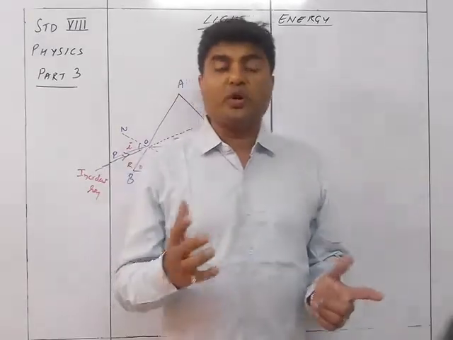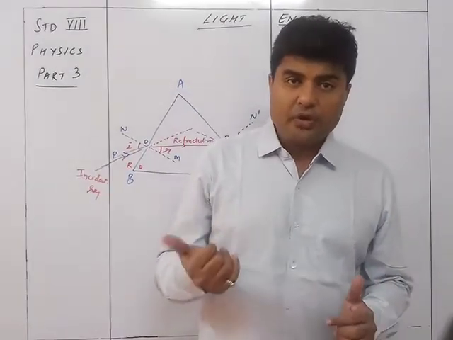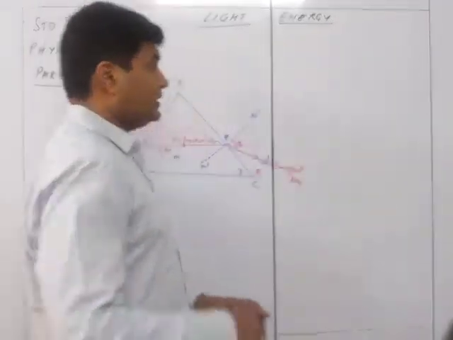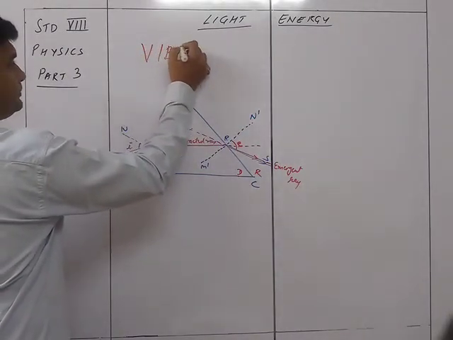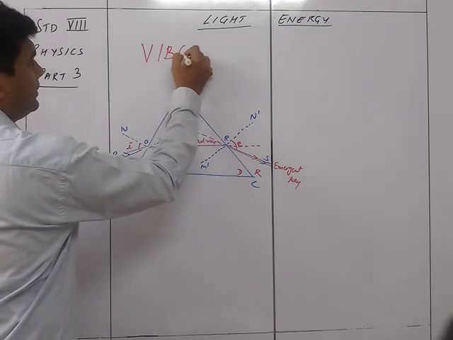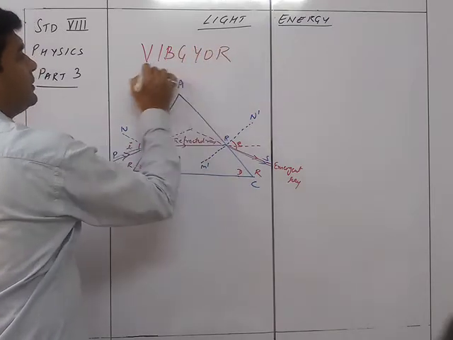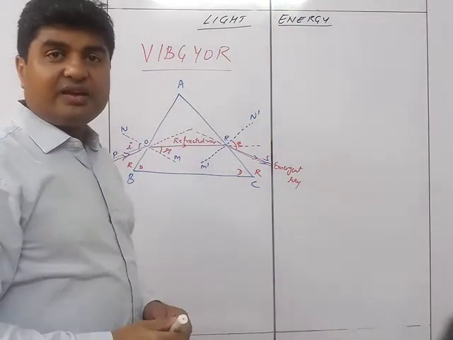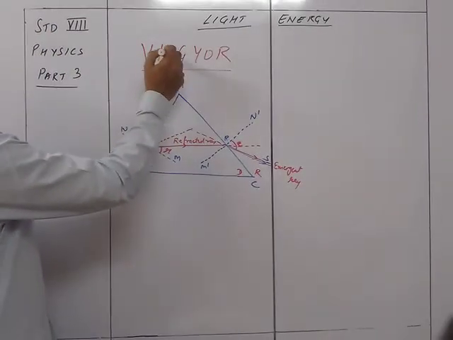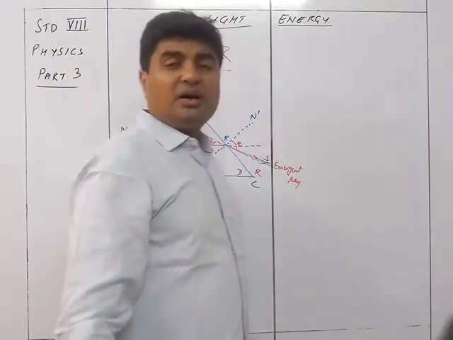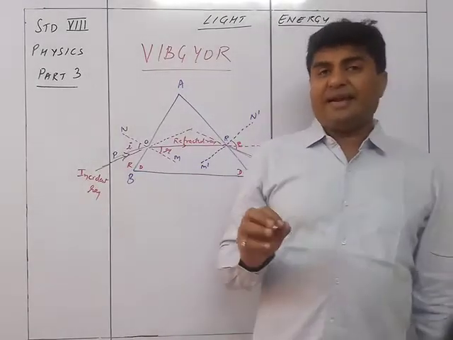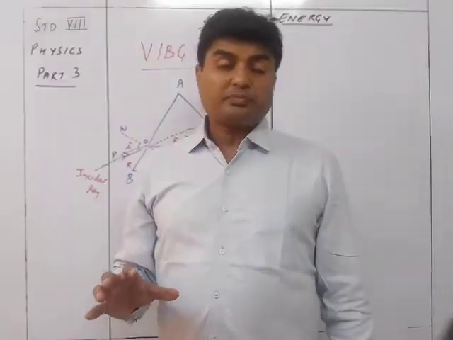We know that. That's what we see in the rainbow. VIBGYOR, we know very well that the sun rays are made up of these 7 colors: violet, indigo, blue, green, yellow, orange, red.